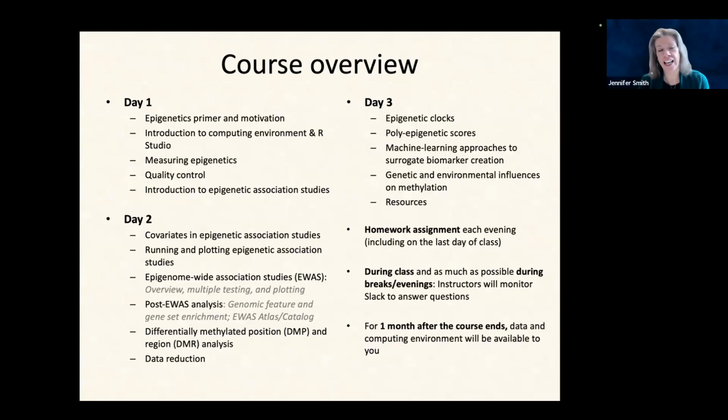So on day one, an introduction to epigenetics, a primer and motivation for studying that, how to measure it, and some quality control and getting into the epigenetic association studies. And then we'll also talk about the computing environment in RStudio, to get you set up to do a little bit of analysis around epigenetics.